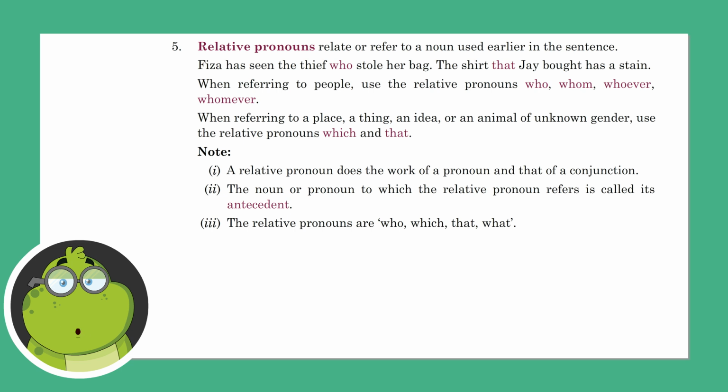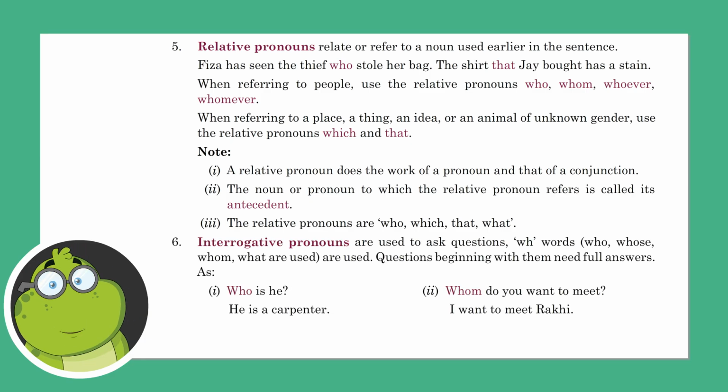When referring to a place, a thing, an idea, or an animal of unknown gender, use the relative pronouns which and that. Note: a relative pronoun does the work of a pronoun and that of a conjunction. The noun or pronoun to which the relative pronoun refers is called its antecedent. The relative pronouns are who, which, that, what.